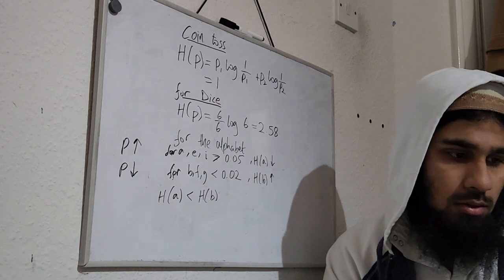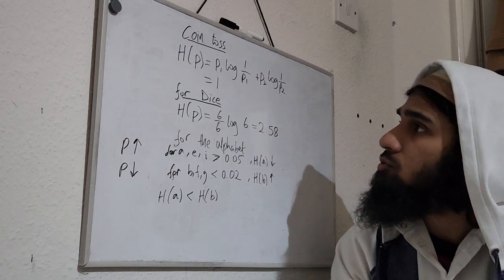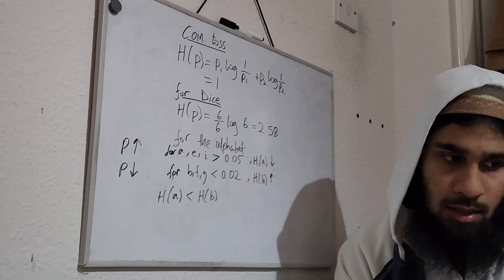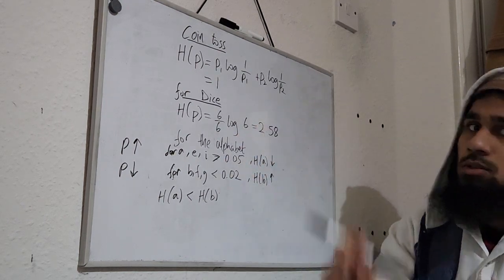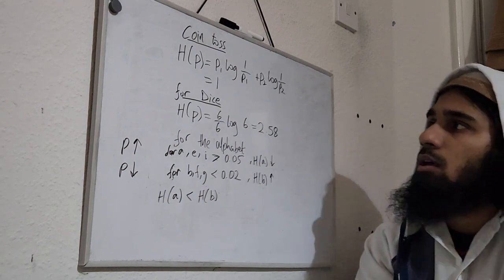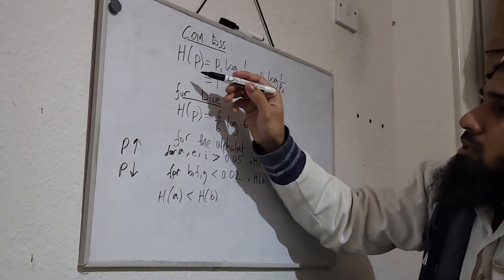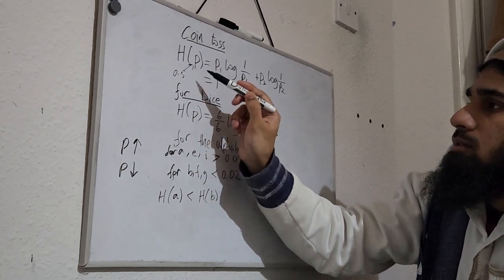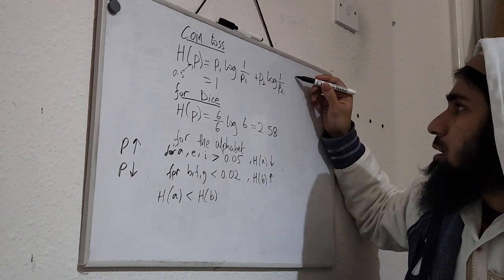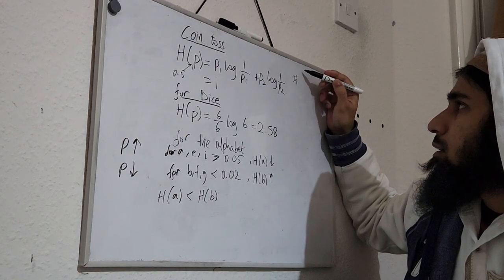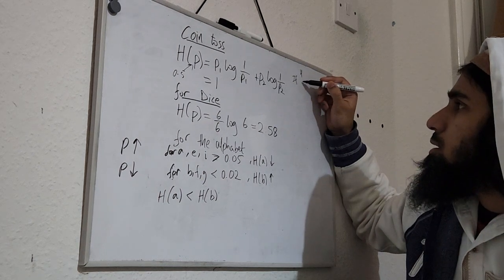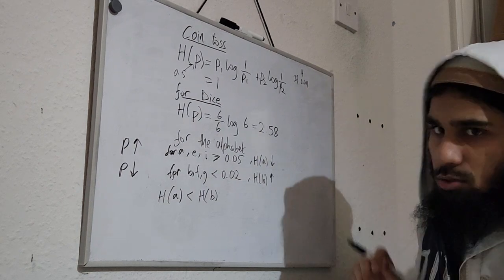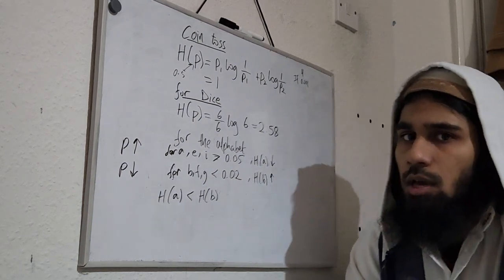Okay, let's move on. Let's go back to the coin toss. If the entropy is 1, we are the most surprised, because here the probability is 0.5 for a coin toss. But if the probability for heads is 0.001, basically you'll just get tails.